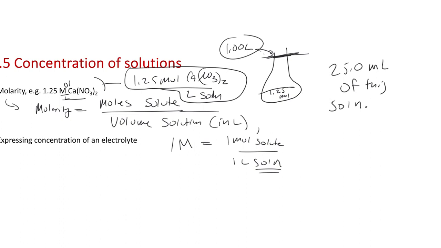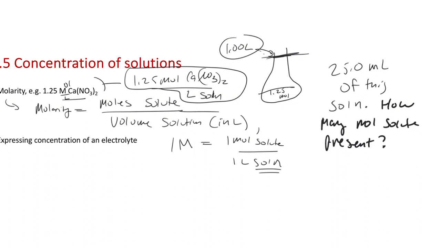You could ask, how many moles is that? How many moles of the calcium nitrate solute are present in 25 milliliters of this 1.25 molar solution? The capital M we usually pronounce in vocabulary as molar, which means moles per liter.